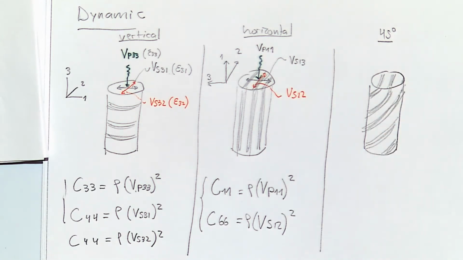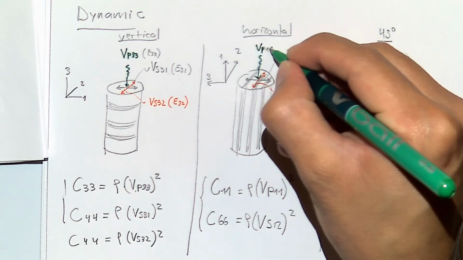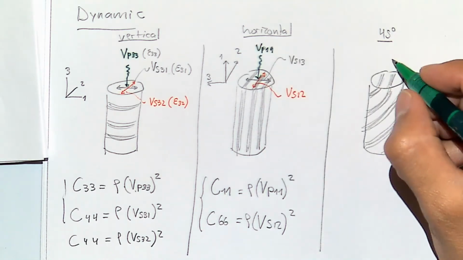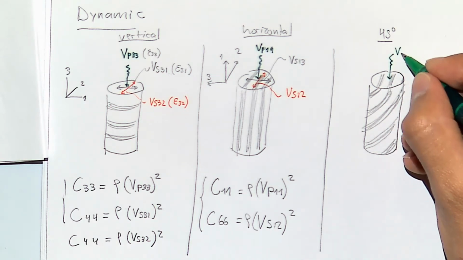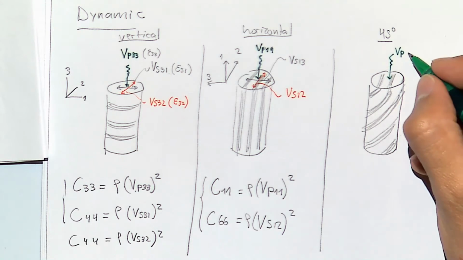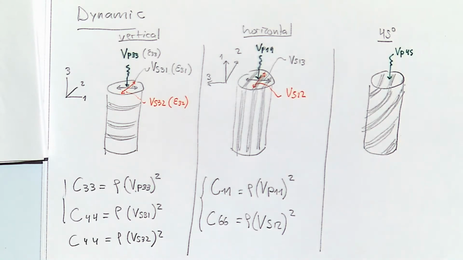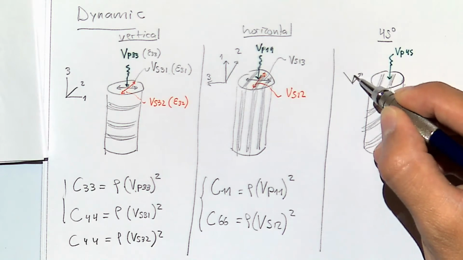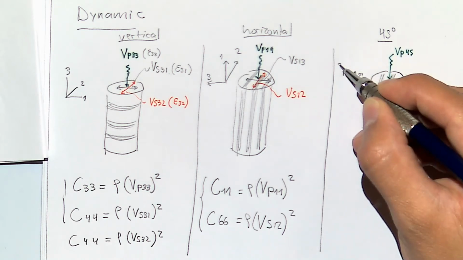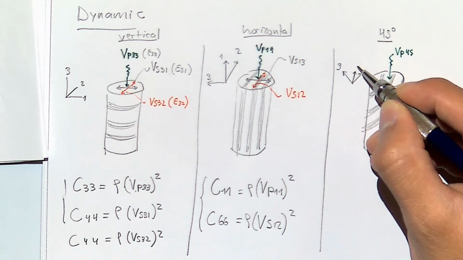So if I send through here a P wave, which I'm going to call BP45, and oh, wait, I need to add the axis here. So the axis is going to be something like this: 3, 1, 2.